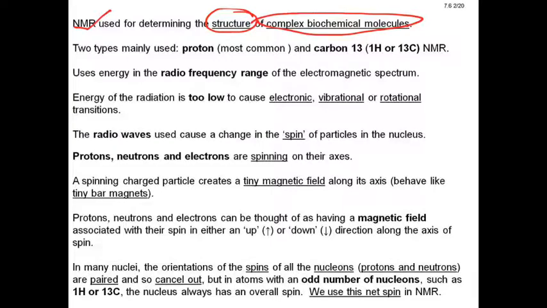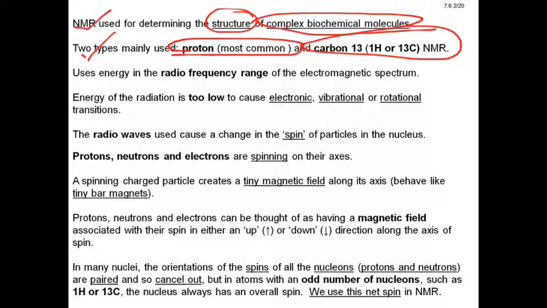So there are two types mainly used, and those types are proton, most commonly used, that means hydrogen nuclei, and also we use carbon-13. Carbon-13 is an isotope of carbon, not very widely appearing in nature, but it still is there. Okay, the normal one is carbon-12, remember? Okay, and there's a reason we use carbon-13, we'll explain that in a moment.